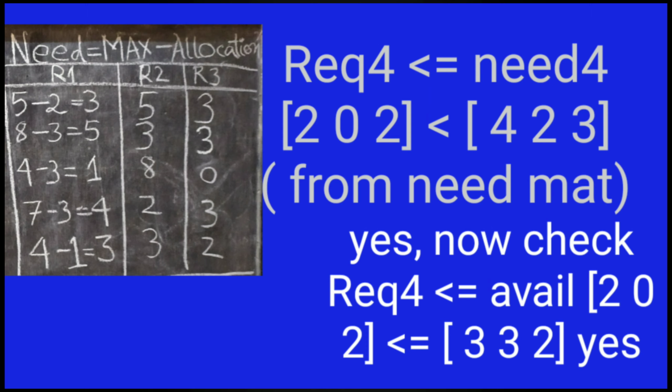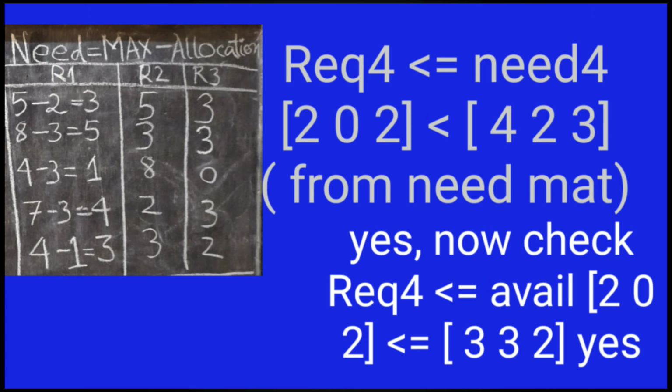We can find this from the need matrix. Yes. Now we check Request4 less than or equal to Available: 202 is less than or equal to 332. Yes, so we can proceed to update the values of the different matrices. If these conditions fail, just send an error message.